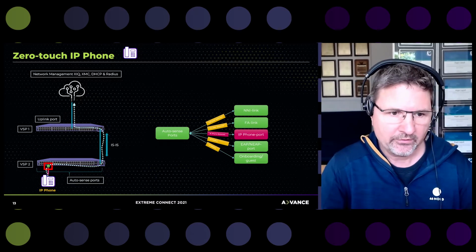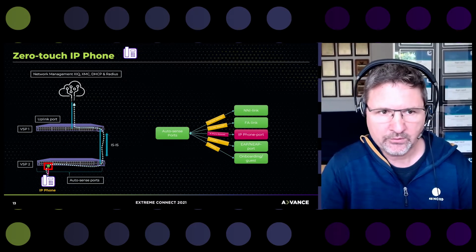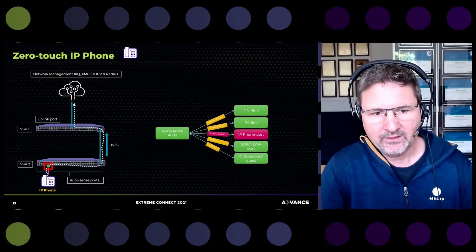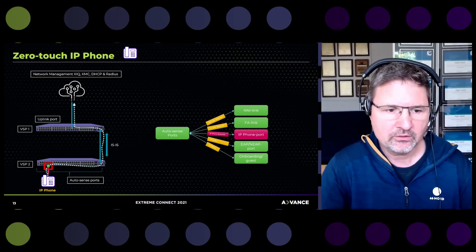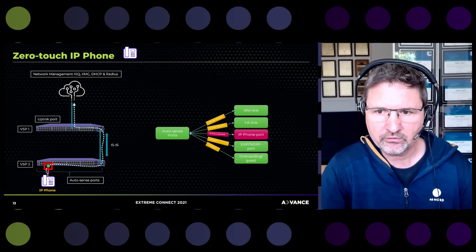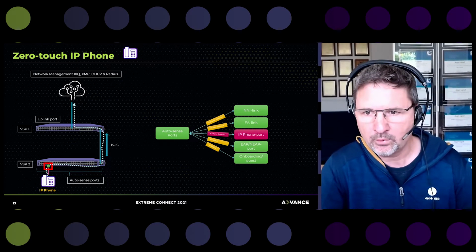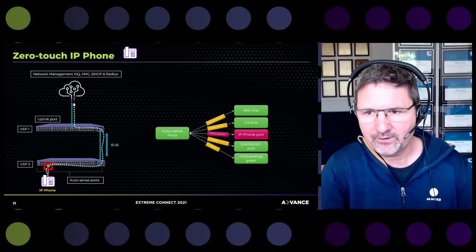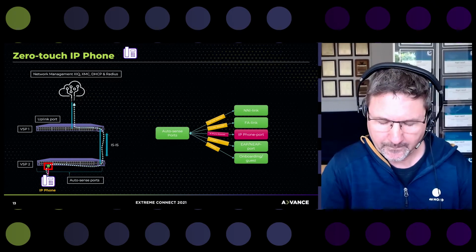Again, automatic. After the VSP2 was onboarded, we sent it a global configuration: here is your voice service configuration, but that's it. There is no port configuration required. These ports turn into phone ports, fabric attach ports automatically.